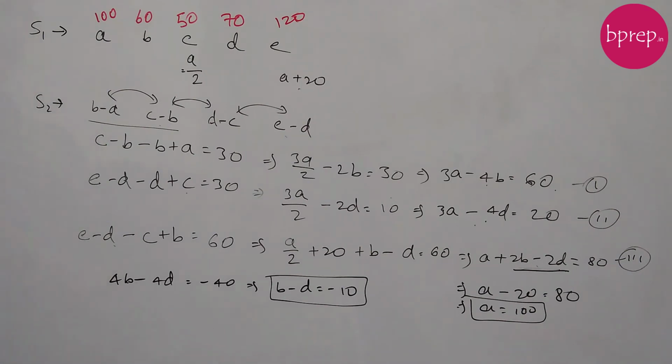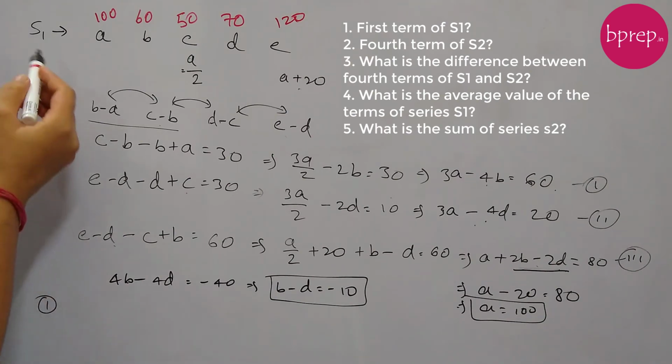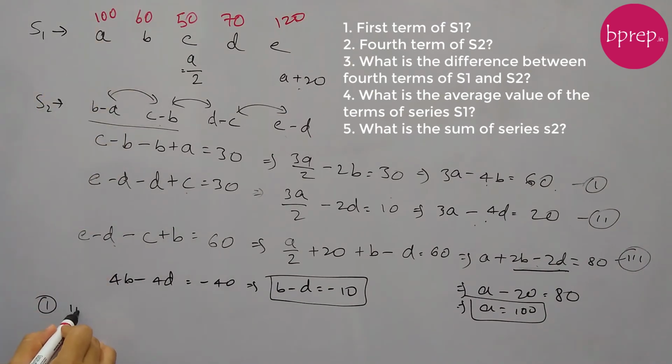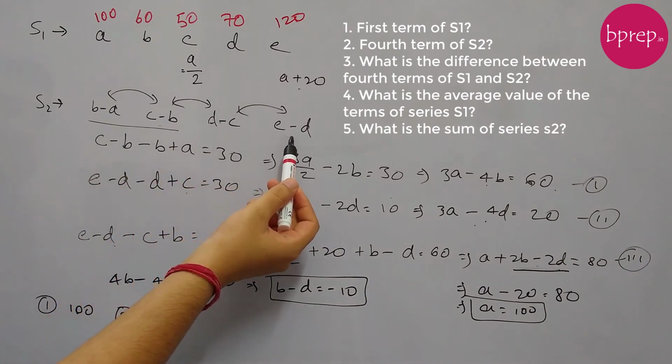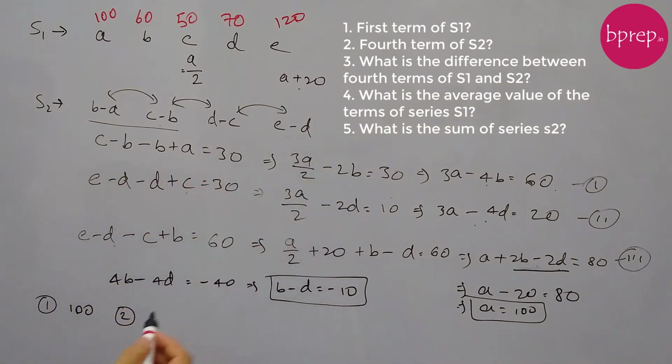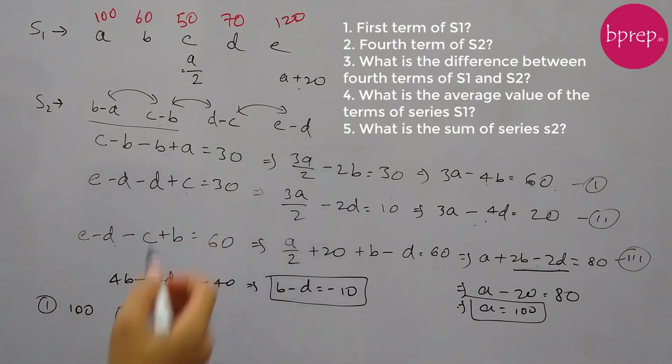So we can answer the questions now. The first question: what is the first term of series S1? It is 100. Next question: what is the fourth term of S2? The fourth term of S2 is E minus D, where E is 120 and D is 70, so this will be 50.